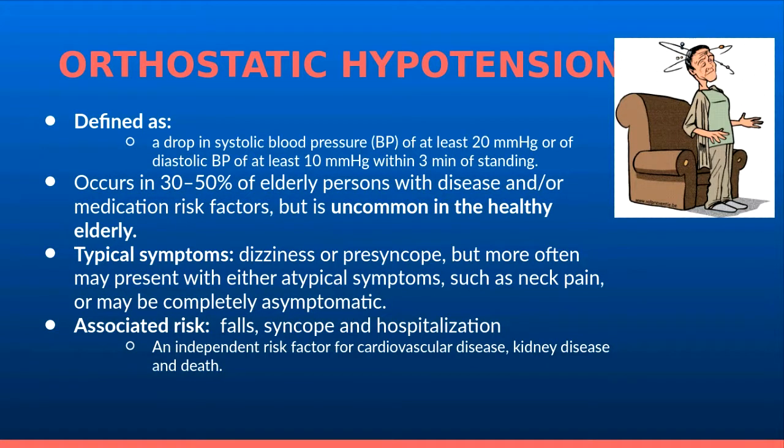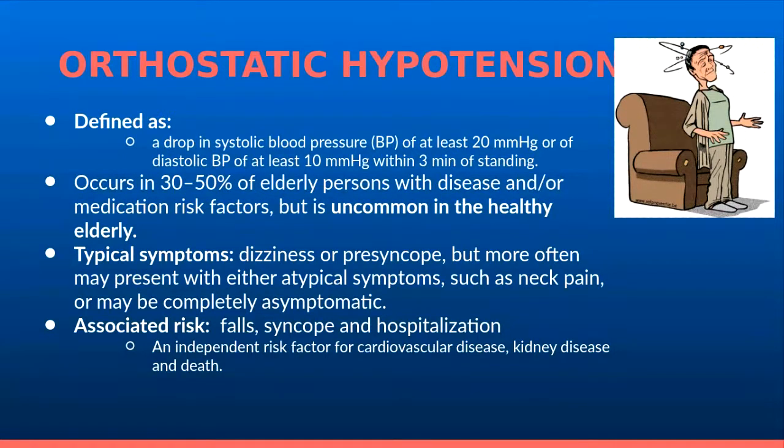Okay, sorry. So the first condition we're going to talk about is orthostatic hypotension. Orthostatic hypotension is defined as a drop in systolic blood pressure of at least 20 mmHg or a drop in diastolic blood pressure of at least 10 mmHg within 3 minutes of standing.